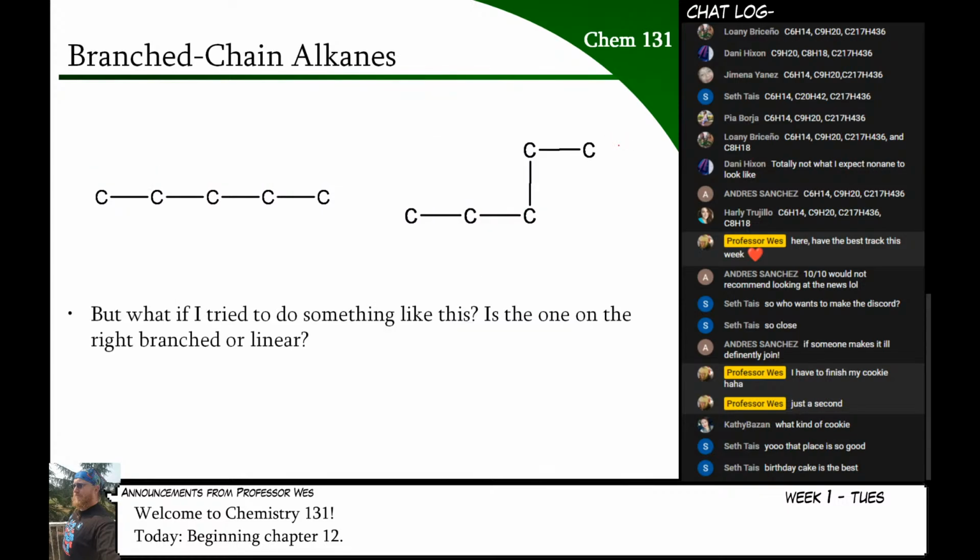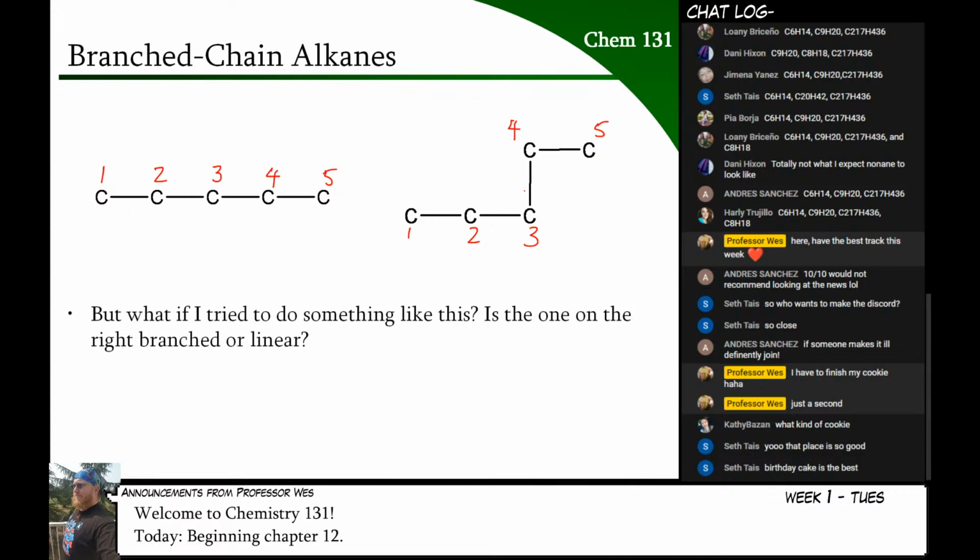All right. How about this? Notice that I have drawn the structure on the screen like this. Is it linear or branched? Well, using the same philosophy, I would just number the carbons, like so. And at no point do I have a number that is not next to the next number sequentially. 3 is next to both 2 and 4.